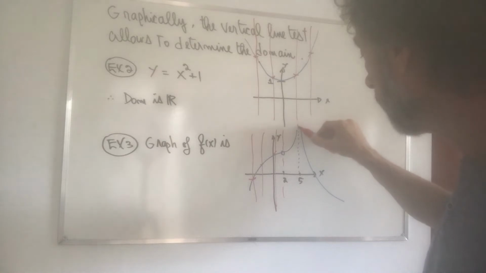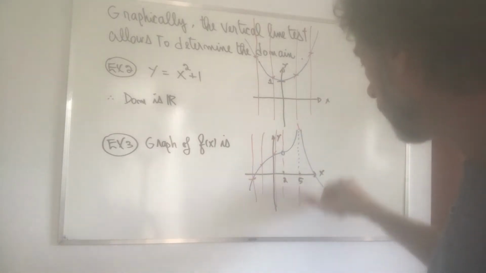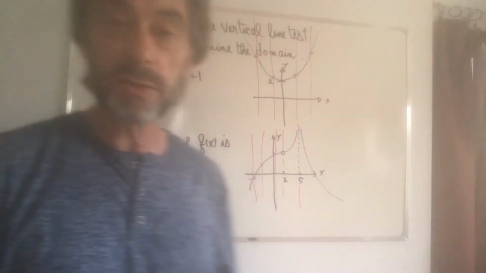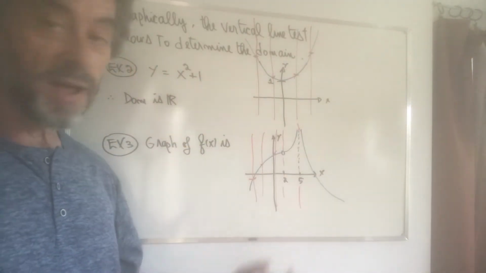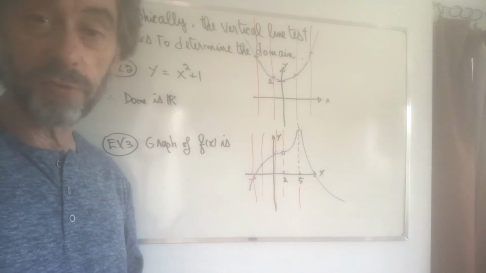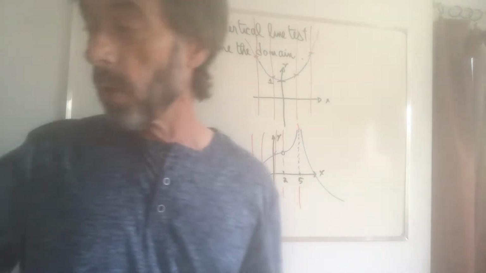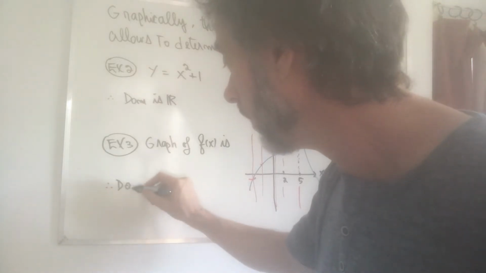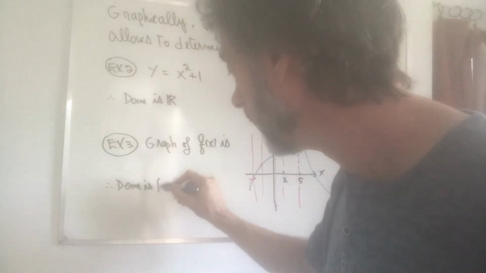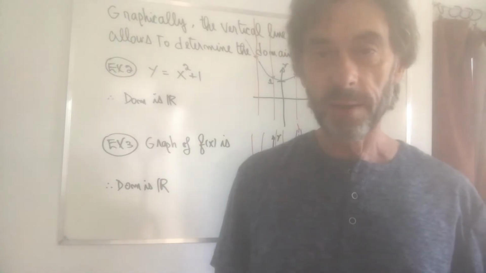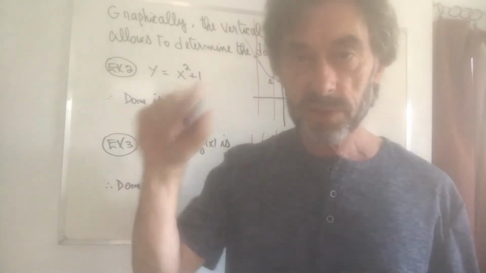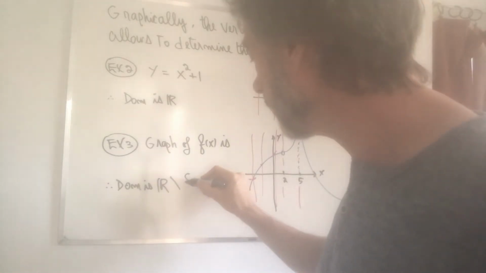Same thing for a line that would actually go through here. At 5, I would not cross the graph because at 5 I seem to have, according to the graph, a vertical asymptote. So what would be the domain of this function? It would be every real number except, so we write it this way, slash, except two values.